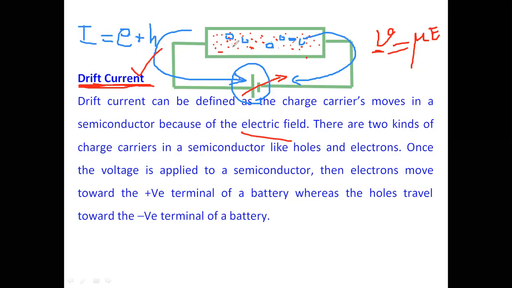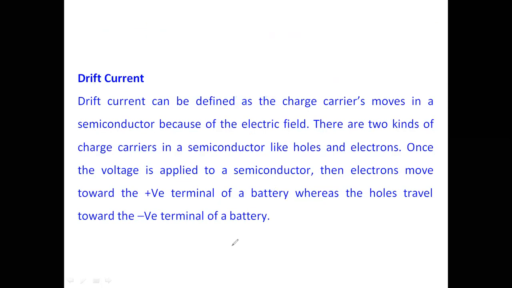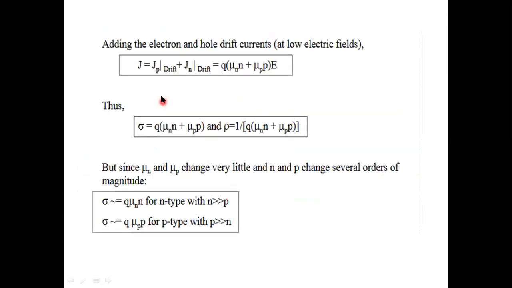We have seen equations for current due to electrons and current due to holes also. So let us move on to that. Here, current density J equals current per unit area.